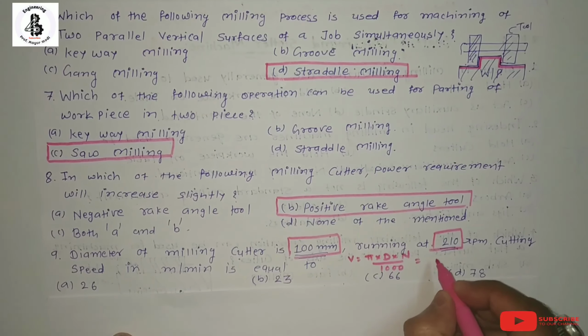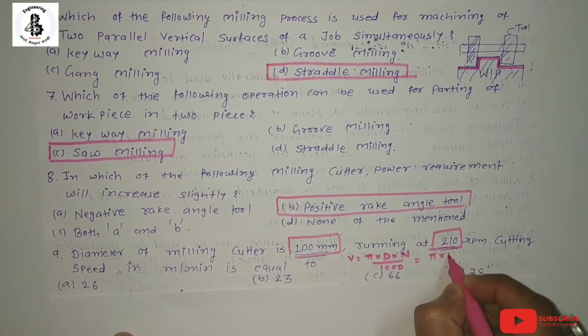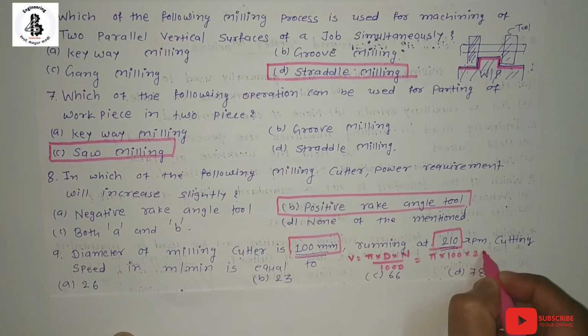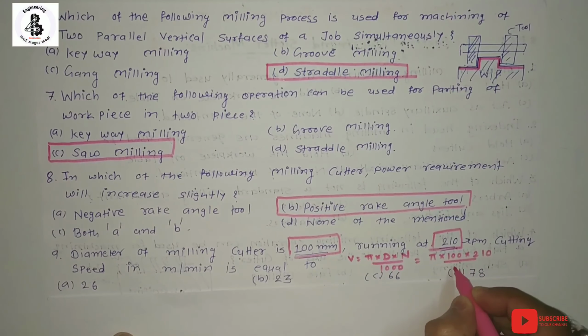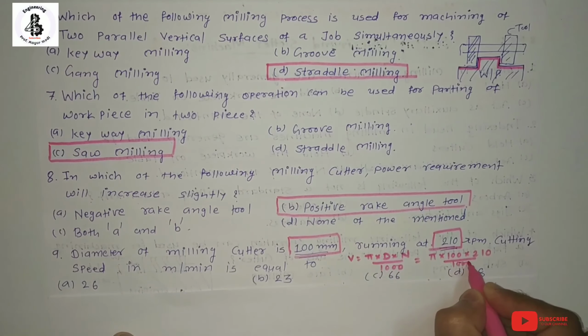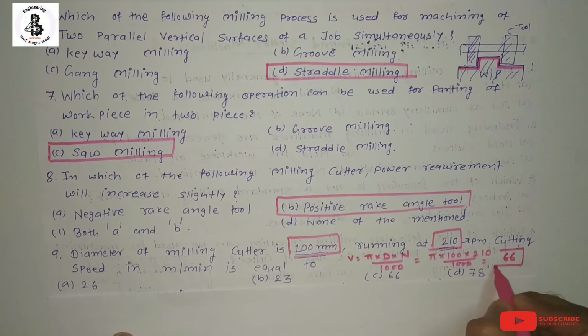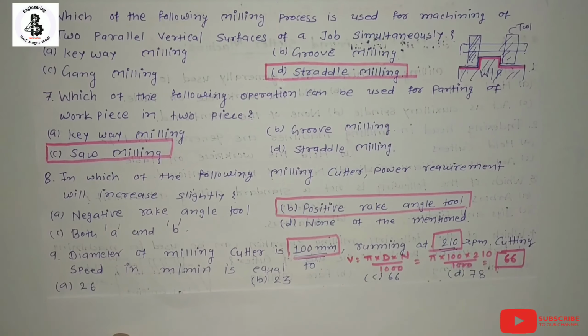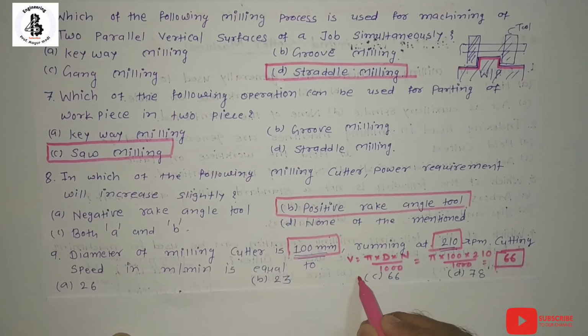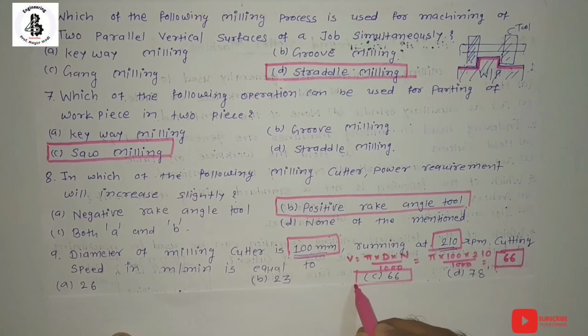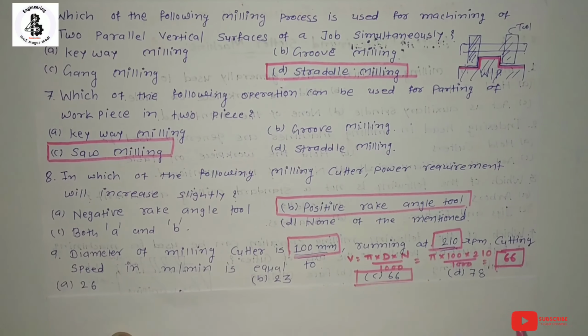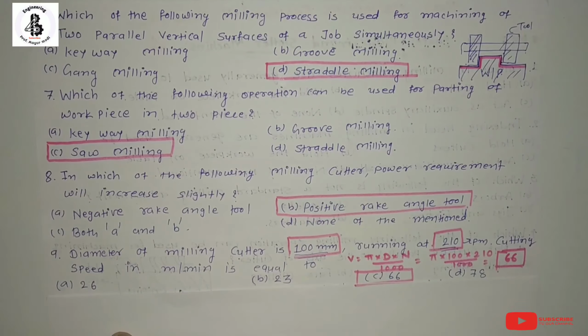So you will get pi into 100 into 210 divided by 1000. So you will get around 66. So the right answer is C, 66 meter per minute. Then next question.